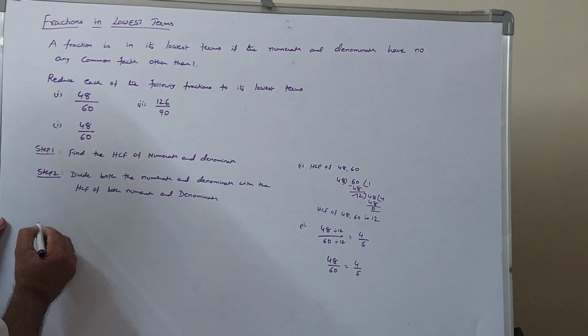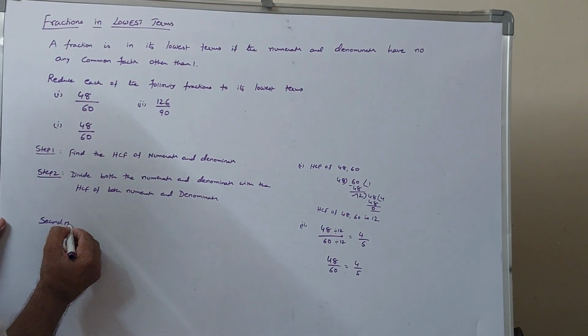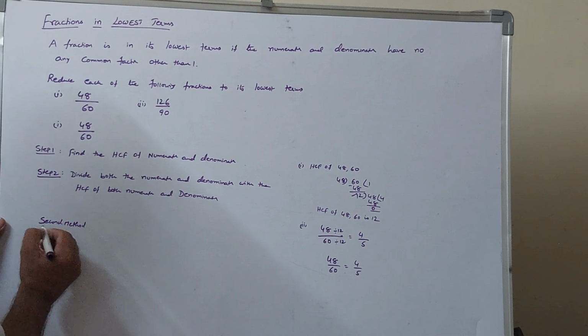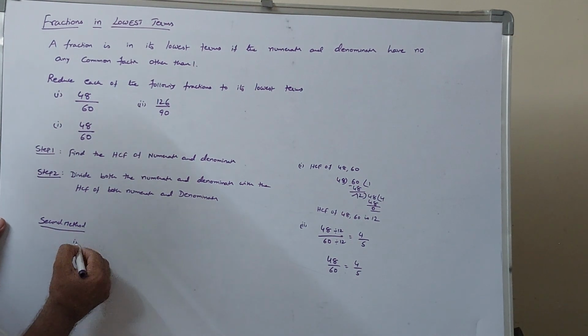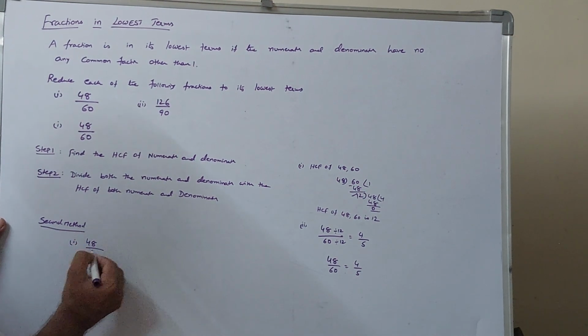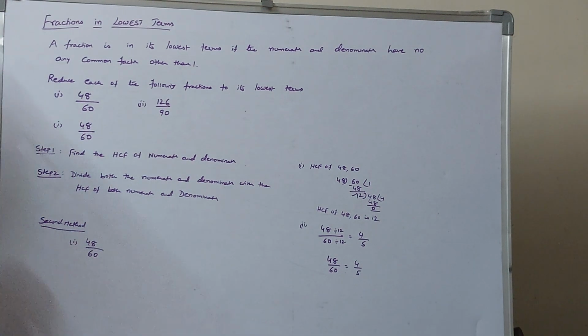Second method is, 48 by 60, you can simplify it to lowest terms. First, both are having a common factor 2.